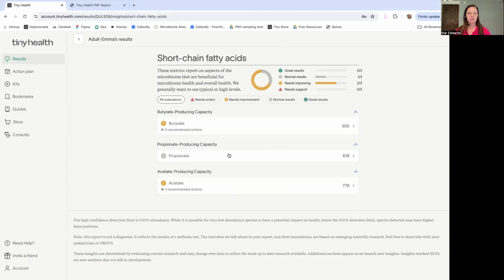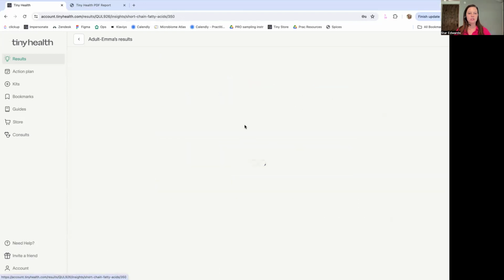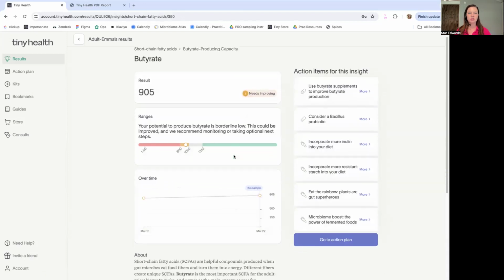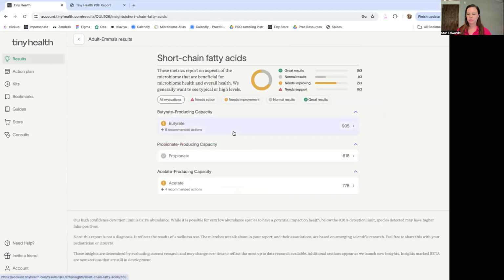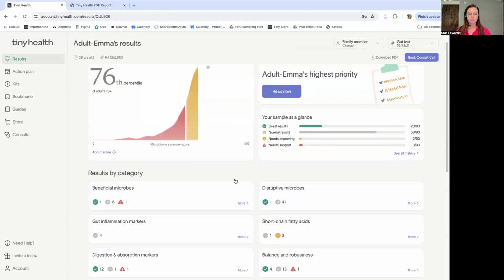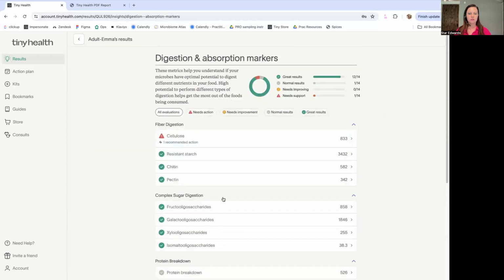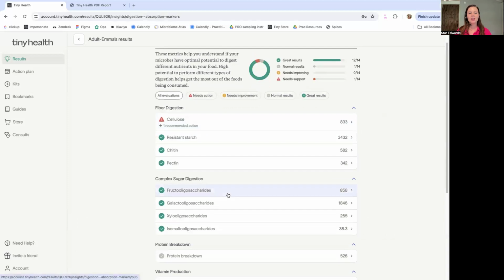We also have short chain fatty acids, and there's lots of good dietary recommendations in each one of these if these are low. And then digestion and absorption markers. For adults, you can really get a lot of really good information here about their diet and what they're able to digest, or what the bacteria are able to digest.